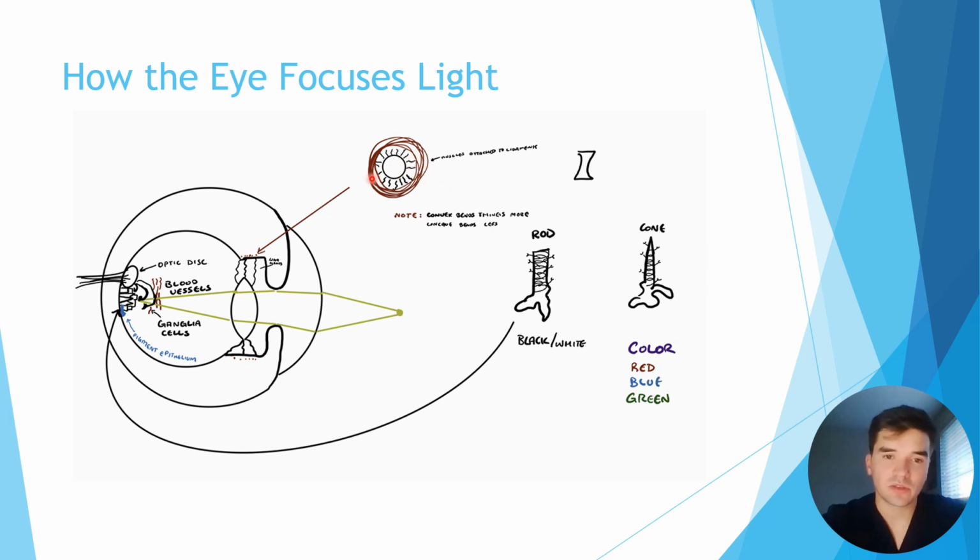It's our lens with a bunch of muscles surrounding it. So, in order to focus the eye better, if there's more light, we'll see a contraction of these muscles. Sorry, we'll see a relaxation of these muscles, which will cause our eye to kind of turn into this sort of thing.